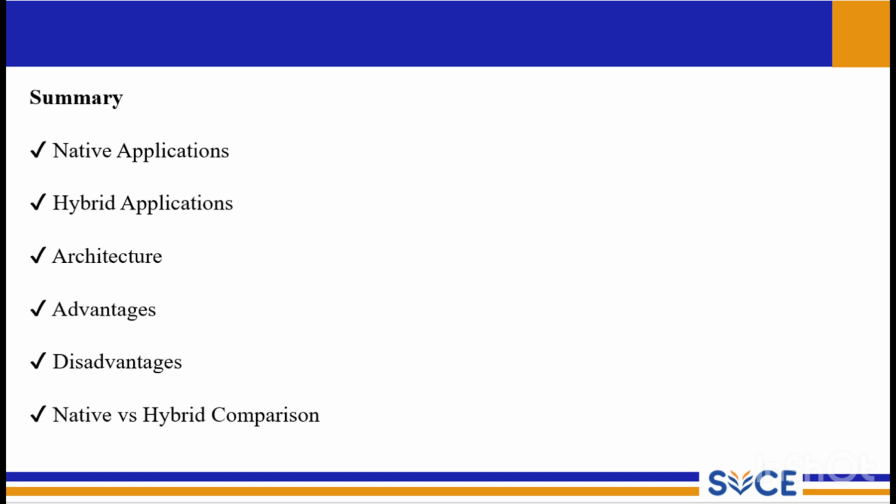Both approaches have strengths and limitations, and the appropriate choice depends on the project goals, budget, performance requirements, and maintenance considerations. In our next topic, we will move on to React environment setup, where we will install the required tools and create our first React application.